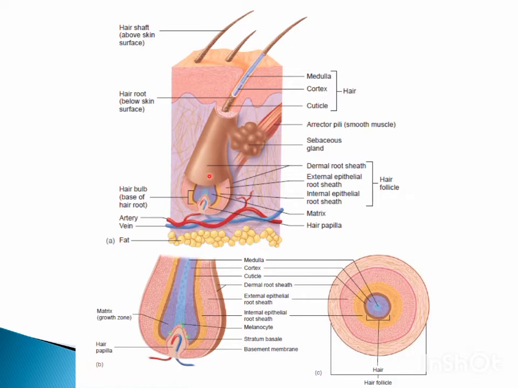In the growth stage, the hairs are grown by the undifferentiated epithelial cells at the hair bulb, and they get keratinized and then add to the base of the hair root.